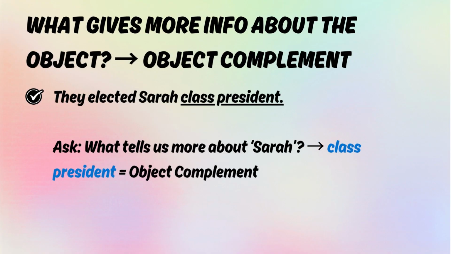And finally, ask what tells more about the object. For example, they elected Sarah class president. What tells more about Sarah? Class president. That's the objective complement or object complement. So with these questions, you can easily figure out the role of any noun phrase. It's that simple and powerful.